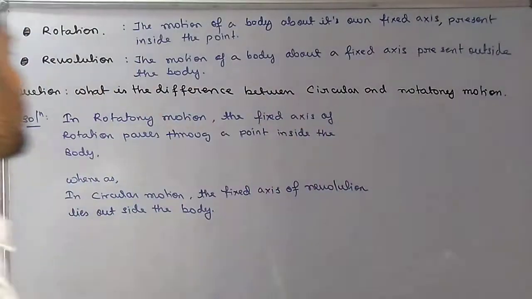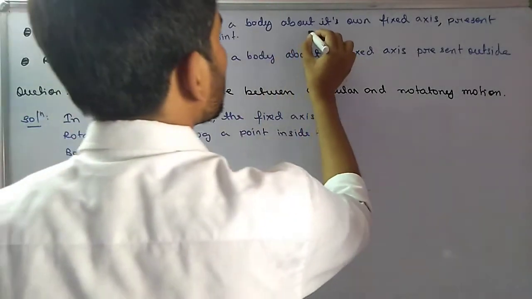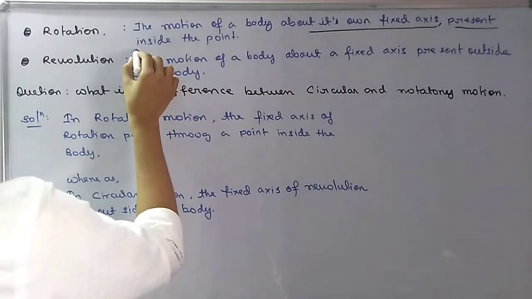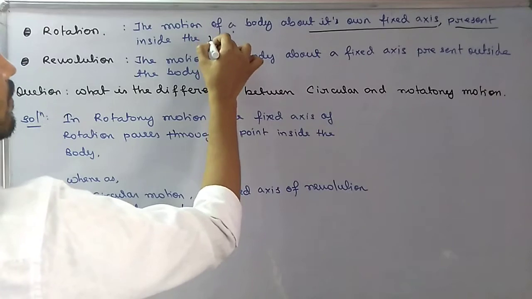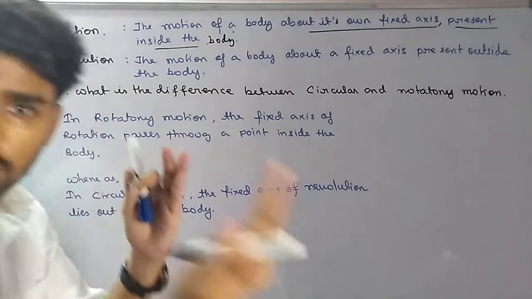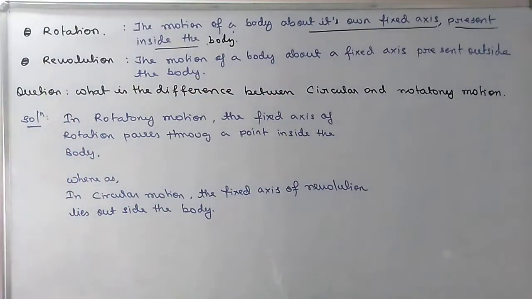Let's just go through the definition. Rotation: the motion of a body about its own fixed axis present inside the body is called rotation. Whereas, what do we mean by revolution?